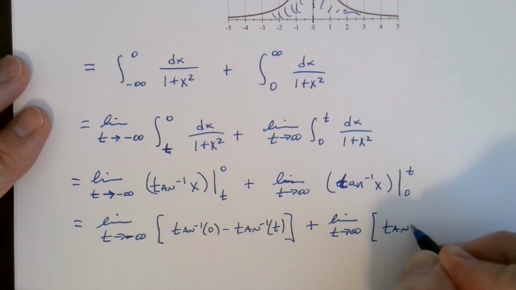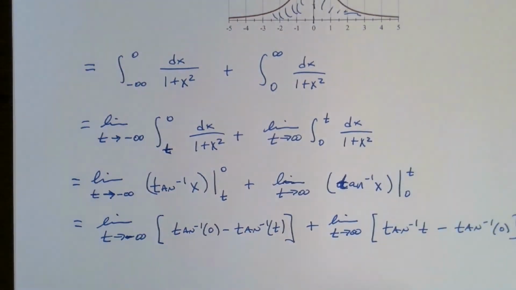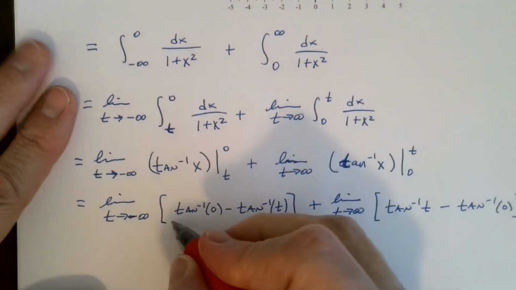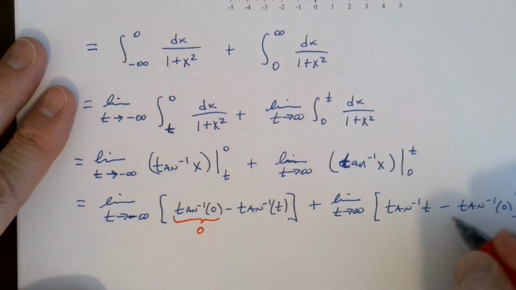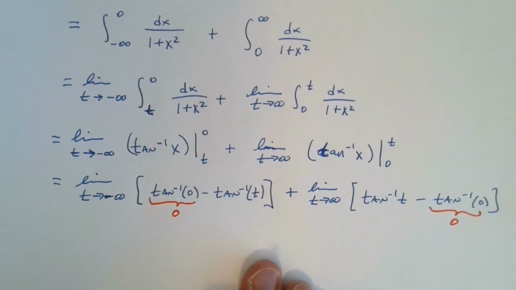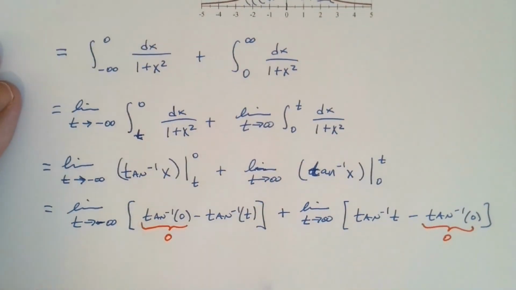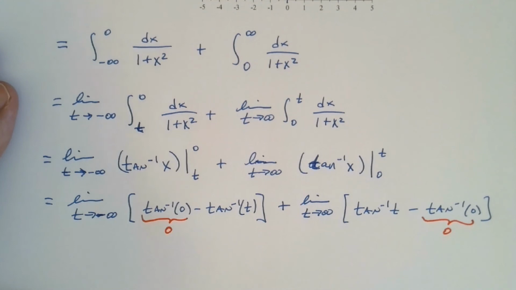And here I have tangent inverse of the upper limit t minus tangent inverse of 0. Now, tangent inverse of 0, what is that? Well, that is 0, because tangent of 0 is 0. You can go back and look at the graph that we gave in the last video to remind yourself of that. So what do we have then?